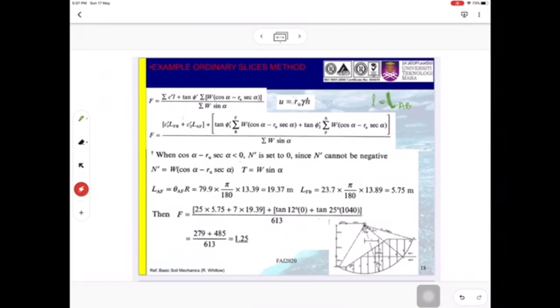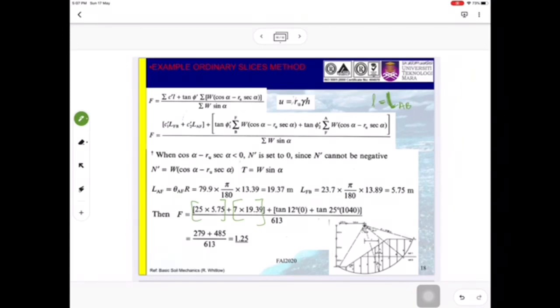And because this is 2 layers, the theta is also 2. So that's why we can see this is the first part, this is the second part. This is the first layer, second layer.